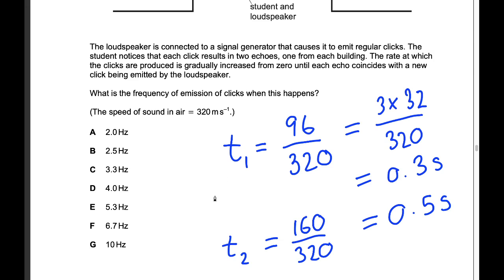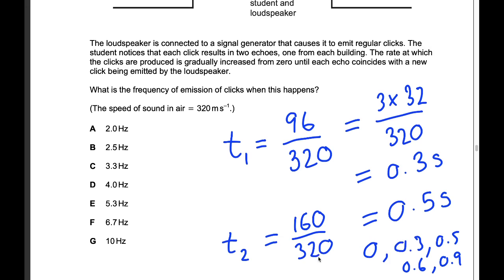So we know that the echoes are coming back every 0.3 seconds and every 0.5 seconds. If you think about it, at 0 they would come back, at 0.3 seconds they come back, at 0.5, and then at 0.6, and then at 0.9, and then at 1 second they'd come back as well. So they're always coming back on multiples of 0.1.